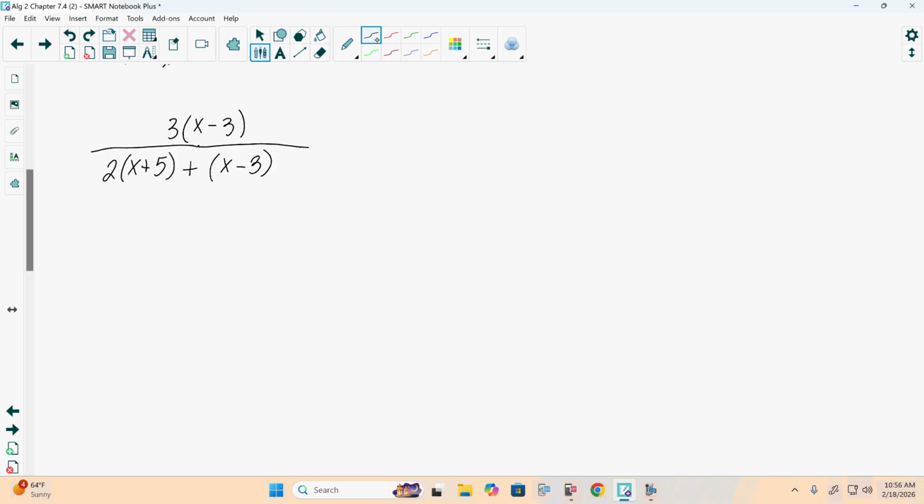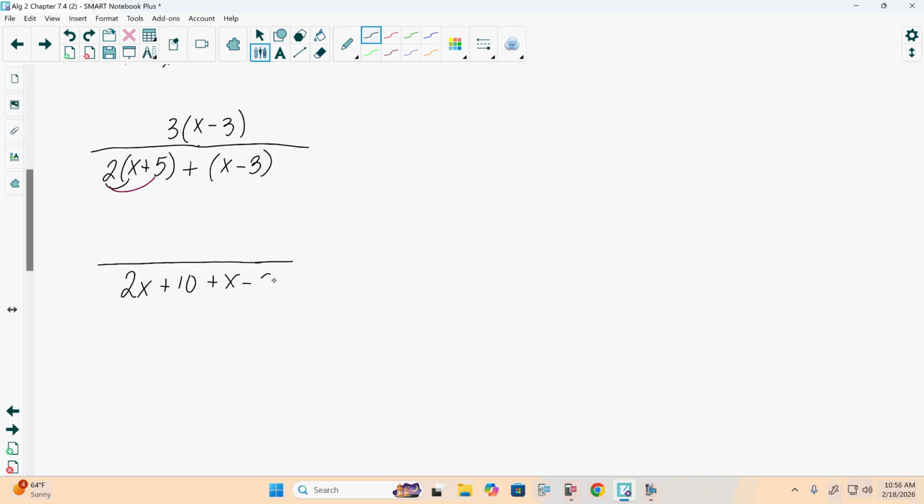Questions on how we got here? Let's look at the denominator first. I have 2 sets of parentheses being added. There's a good chance there are like terms we're going to have to add or subtract. So it's going to be helpful for us to multiply through by the 2. 2 times x is 2x. 2 times 5 is plus 10.